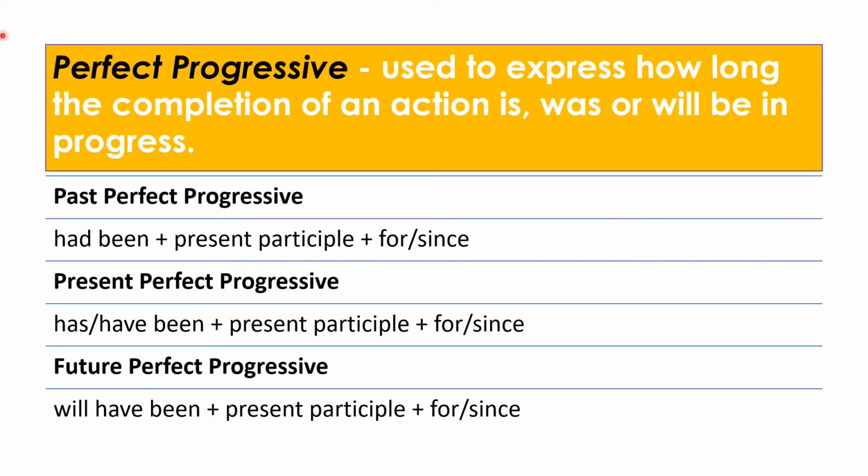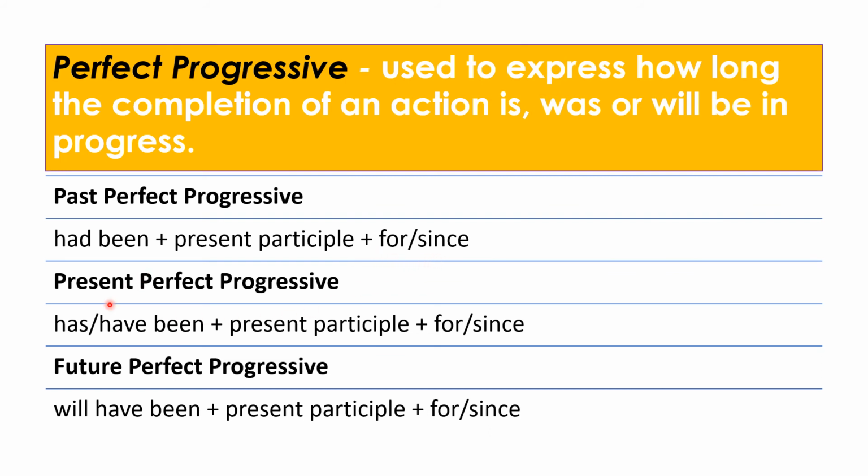And for the perfect progressive, it is used to express how long the completion of an action has been or will be in progress. So for past perfect progressive, we are going to use the pattern had been plus the present participle plus the word for or since.